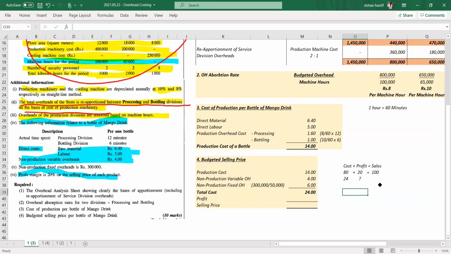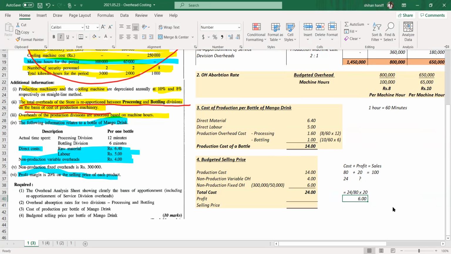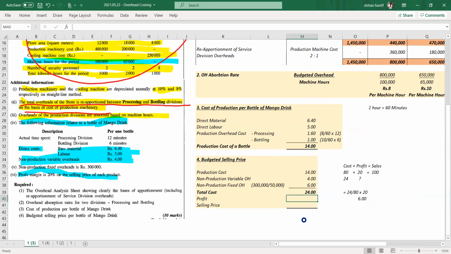You have to cross multiply: 24 divided by 80 multiplied by 20. It's 6 rupees. Profit is 6.